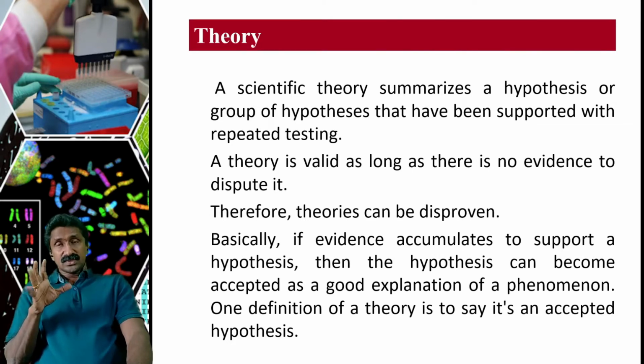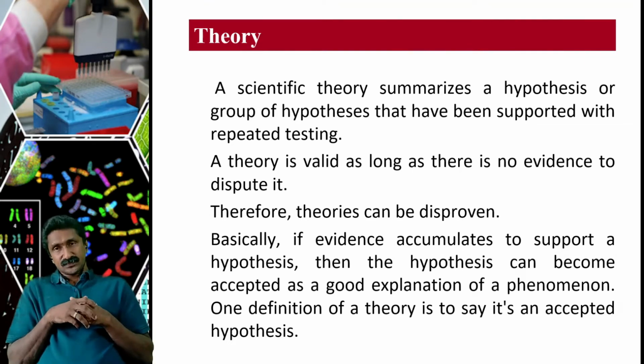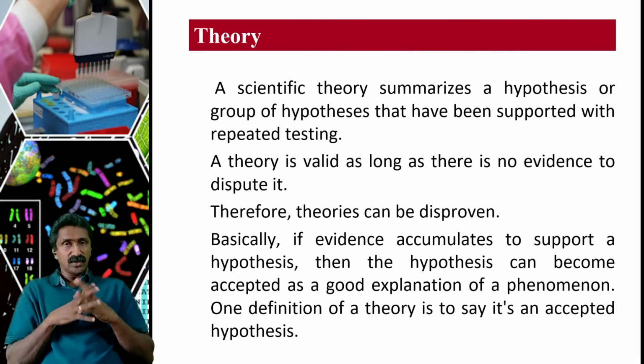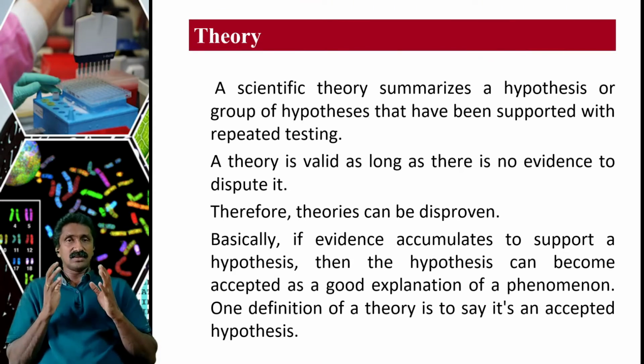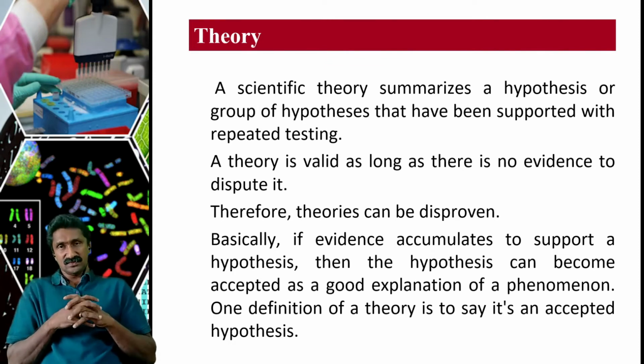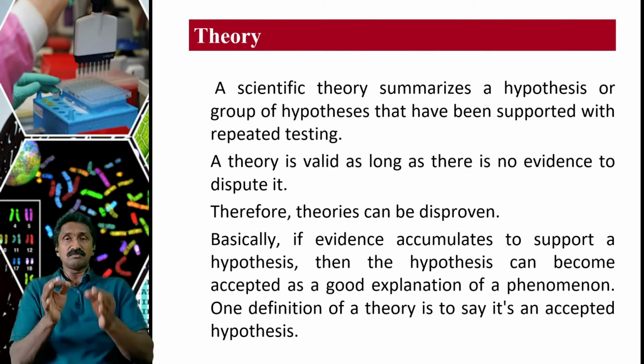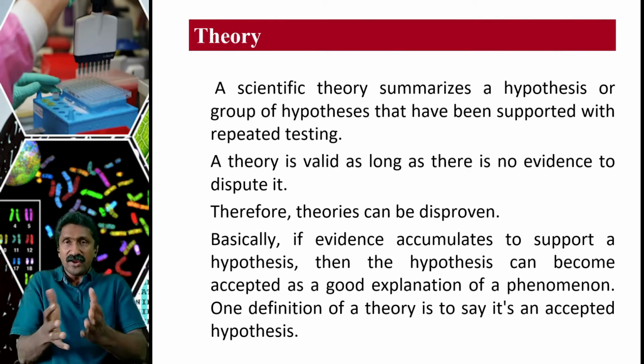And another term that we want to familiarize ourselves with is theory. A scientific theory summarizes a hypothesis or a group of hypotheses that have been supported with repeated testing. So it's a more refined one.